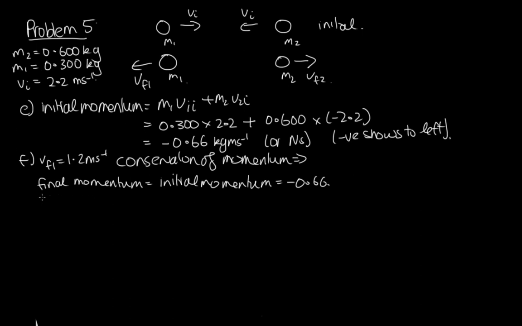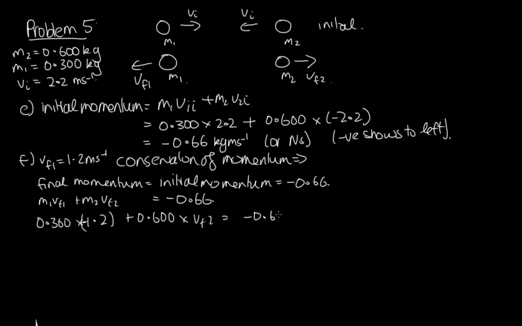So the final momentum is m1 vf1 plus m2 vf2, and that's equal to minus 0.66. So we've got 0.300 times 1.2, and this is in the negative direction, so we should put a negative in front of that one there, plus 0.600 times vf2 is equal to minus 0.66.